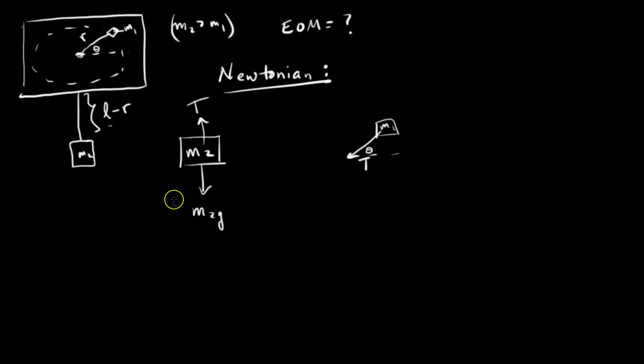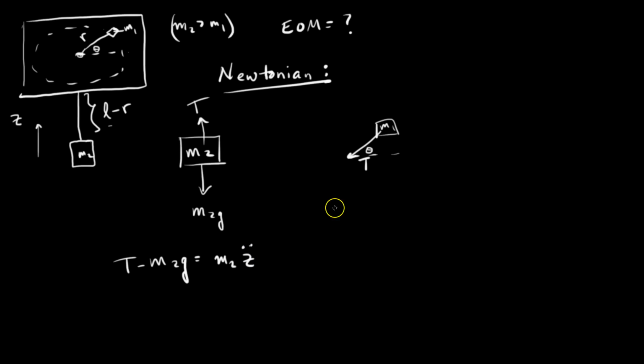So for block 2 we have T minus M2 g, that's the force, equal to M2 times the acceleration. This is the Z direction, the upwards direction, because we're working in three dimensions here, so the acceleration is z double dot.